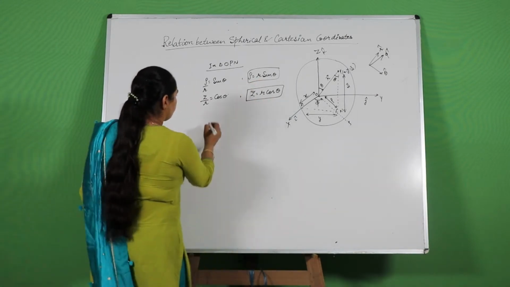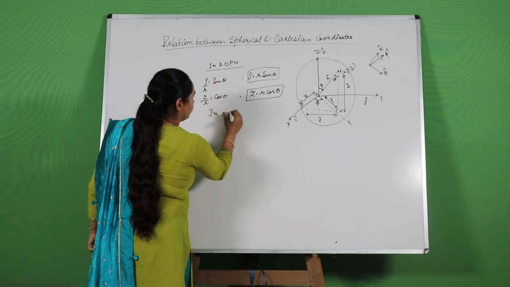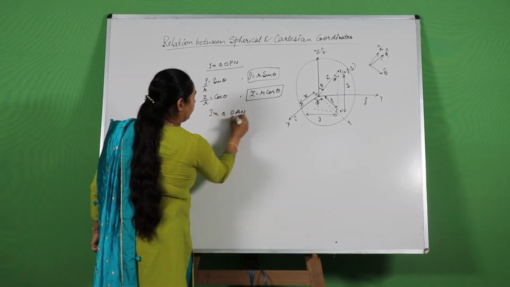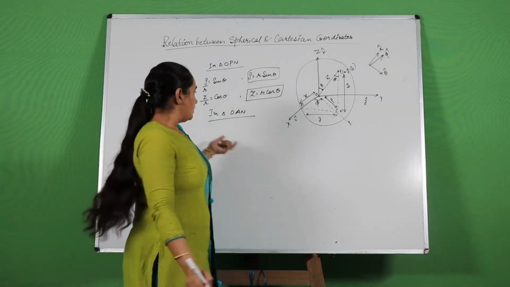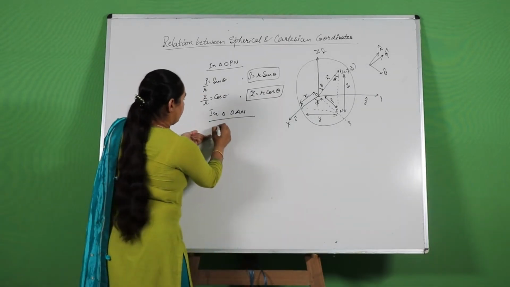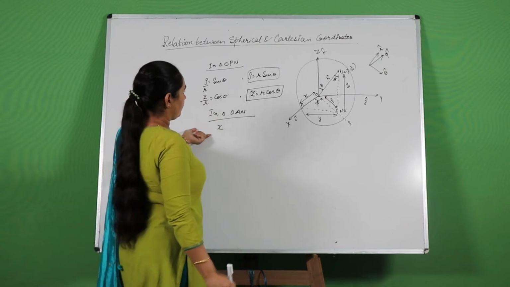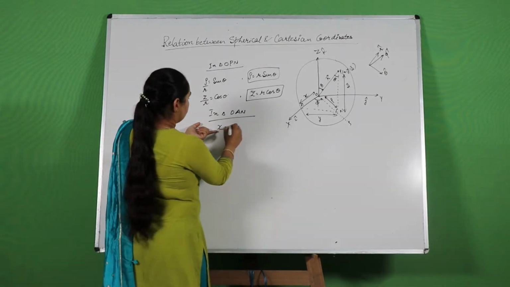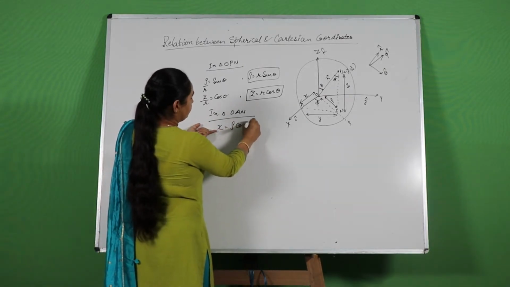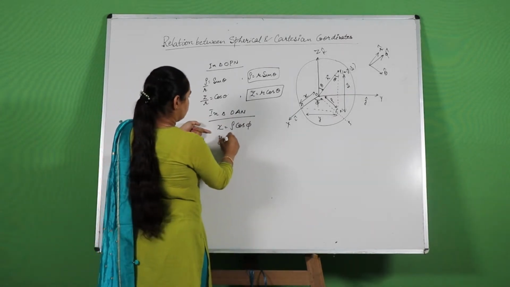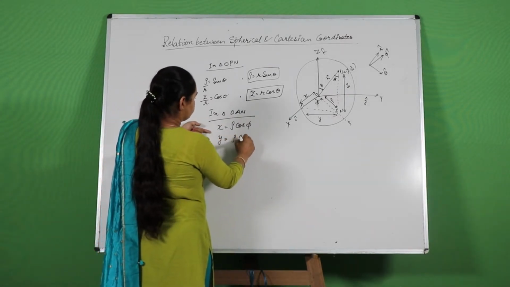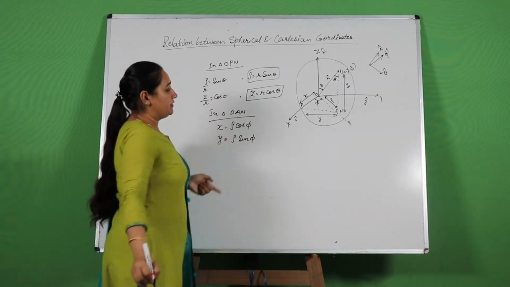So we found one equation, that is the relation between z, r and theta. Now we consider triangle OAN. In triangle OAN, what we see, x is equal to rho cos phi and y is equal to rho sin phi.